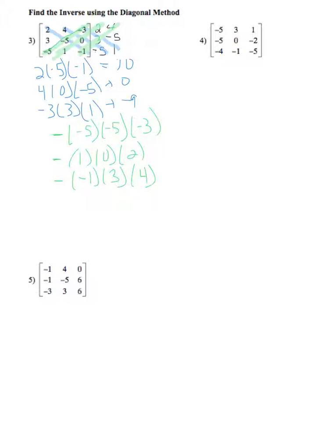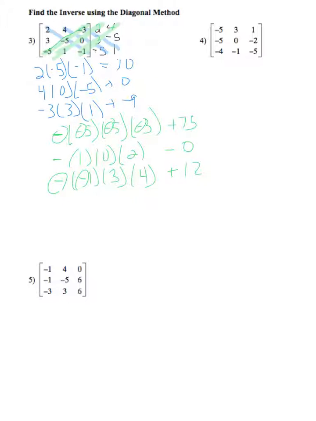So out here, this ends up to have 4 negatives, so that ends up being positive 75. And here, this is a negative 0. And here I've got a negative and a negative, which makes this a positive 12.